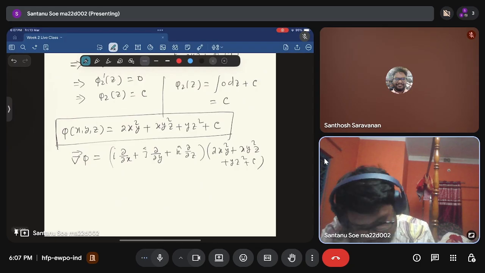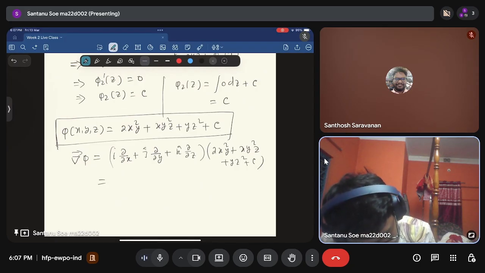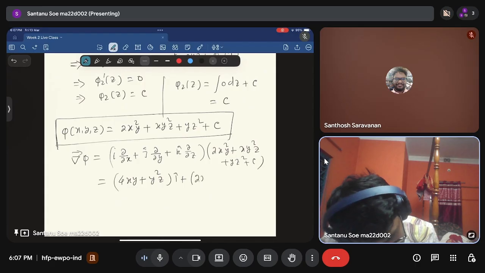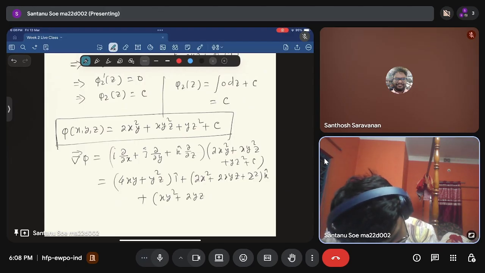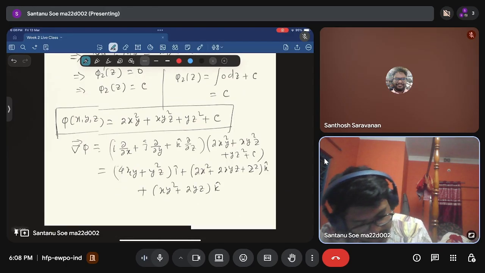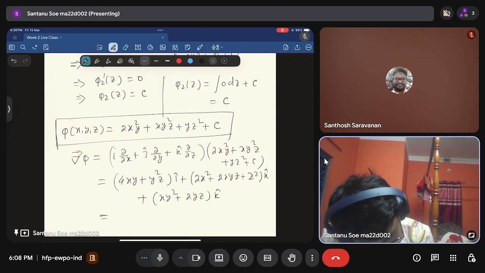And if you do that, you'll get (4xy plus y square z) i cap plus (2x square plus 2xyz plus z square) j cap plus (xy square plus 2yz) k cap, right?